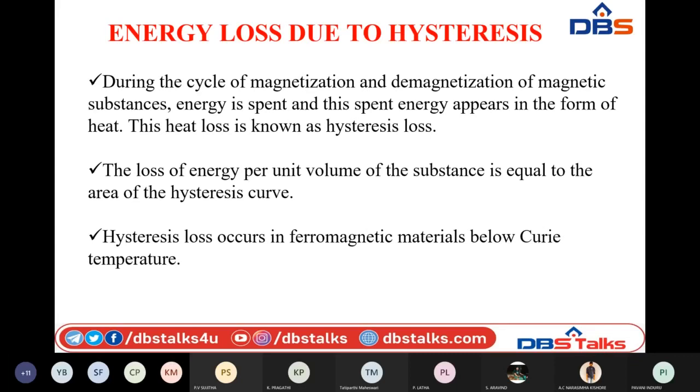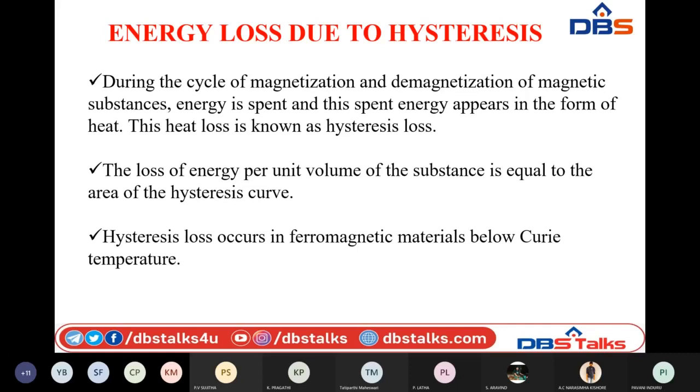During this cycle of magnetization and demagnetization of these magnetic substances, some amount of energy is spent in the process. But all the energy is not taken by the ferromagnetic substance; some amount of energy is wasted in the form of heat. This heat loss is known as hysteresis loss. It is the loss of energy spent on the ferromagnetic material to make it behave as a magnet.